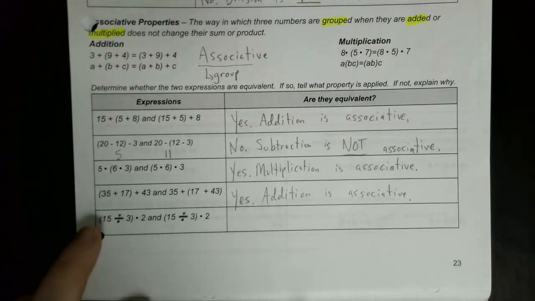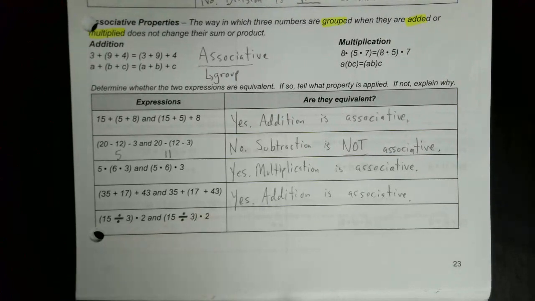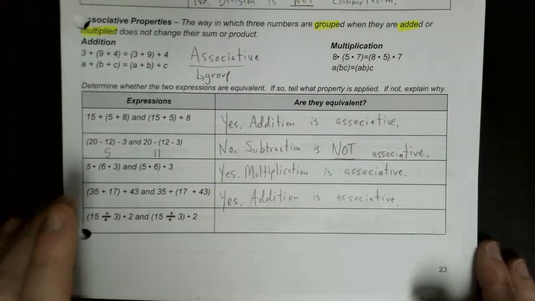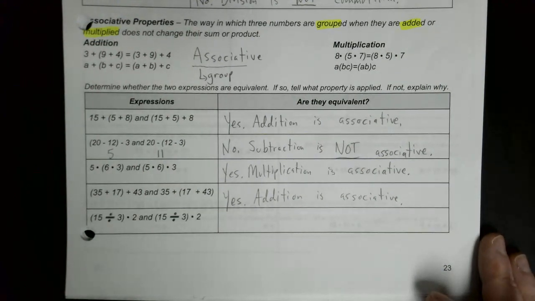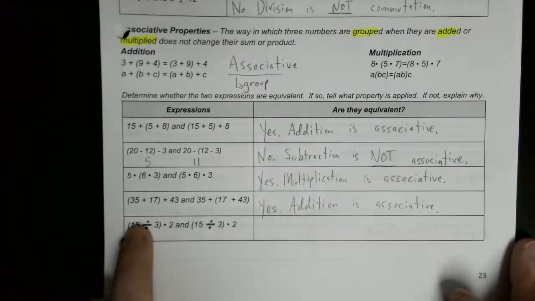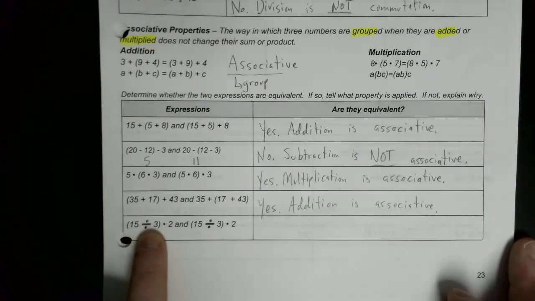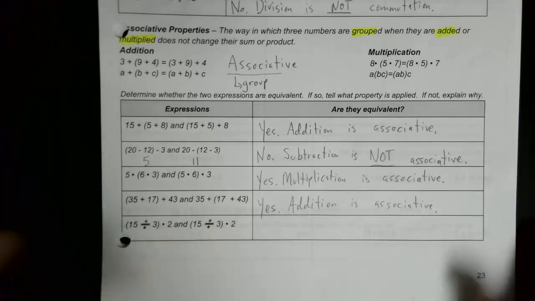Oh, I love this last one. It says 15 divided by 3 times 2, 15 divided by 3 times 2. Are those equivalent? Now, some people might say, oh, well, division doesn't have an associative property, so it can't be, because I see division there. However, these are equivalent because they're just the same exact expression. 15 divided by 3 in parentheses times 2, it's the same thing.